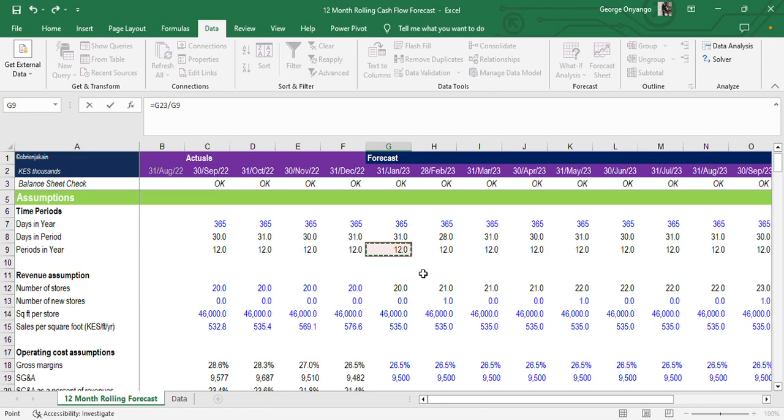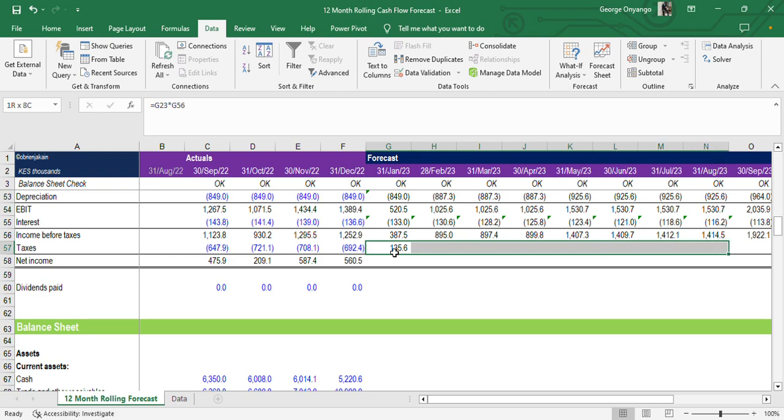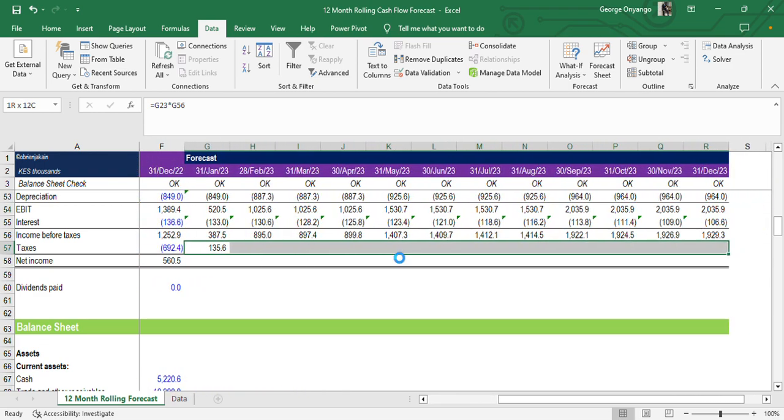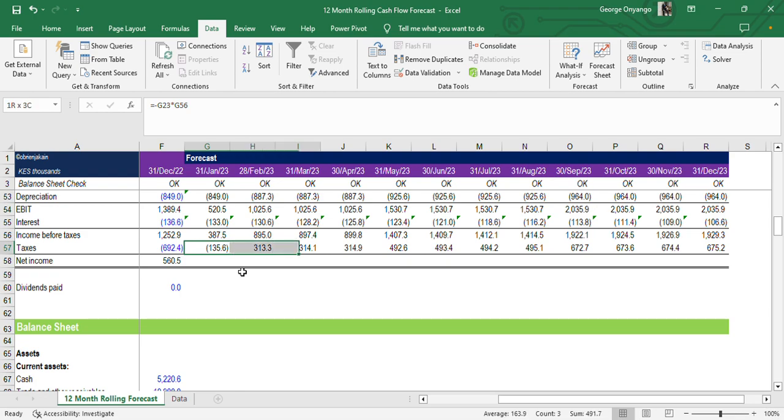No, tax rate times the income before taxes. We multiply that, we get that. Then we simply fill that right and we are good to go. So basically this one is supposed to be negative, so we negate it, and there we are.